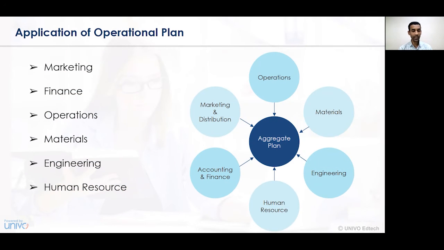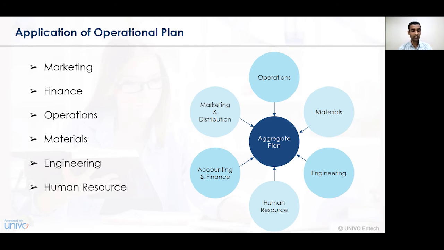Now let's look at the application of the operational plan. The operational plan can be applied to various disciplines, and those disciplines are marketing, finance, operations, materials, the distribution chain, engineering, and lastly, human resource. So at every stage, the operational plan can be applied to various disciplines.